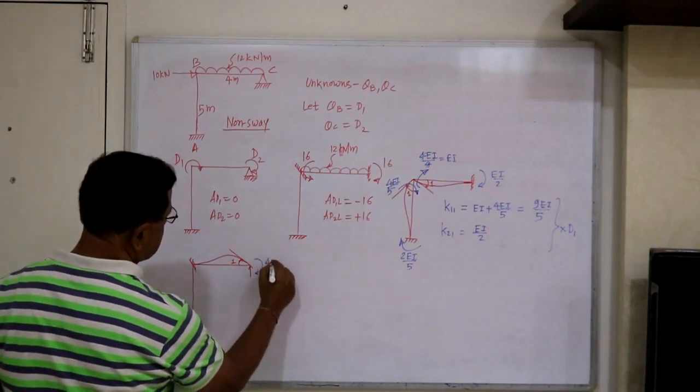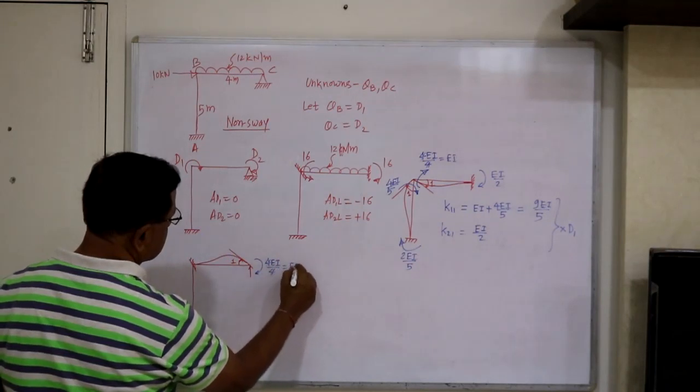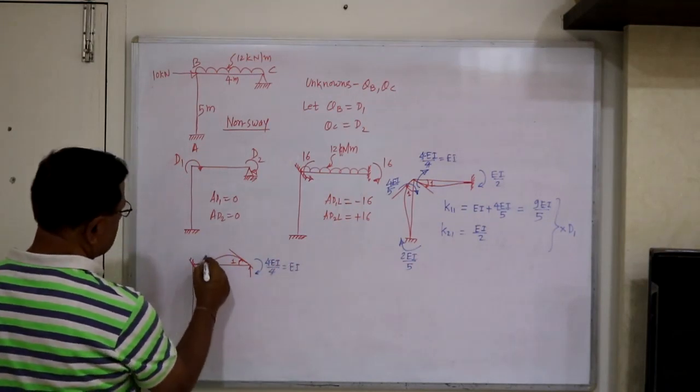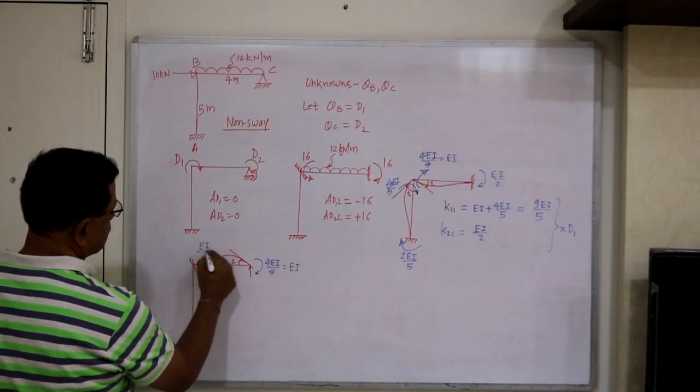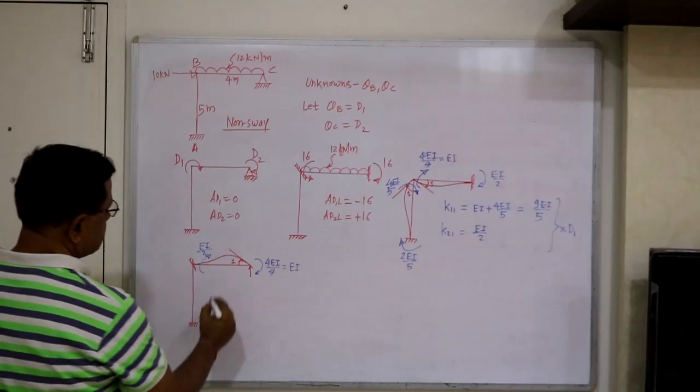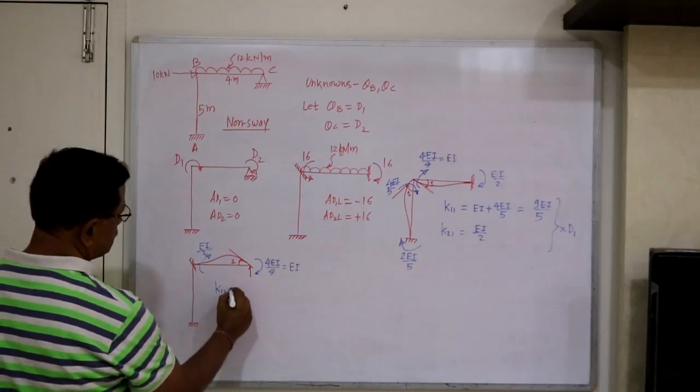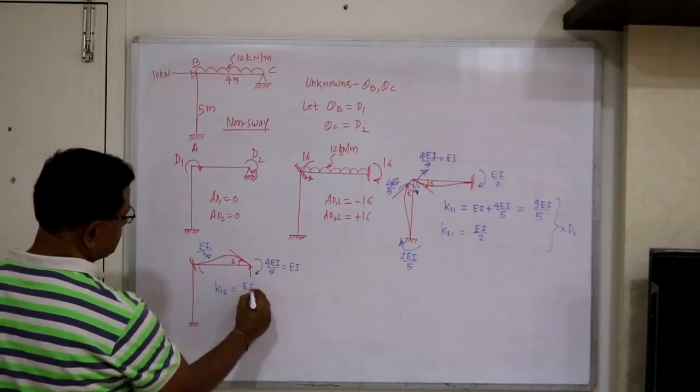That is 4 EI upon L, so this is only EI. And then clockwise here, half of that, EI upon 2. So that means in the direction of 1 due to 2, EI by 2.